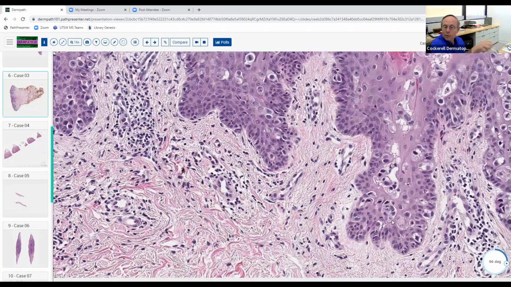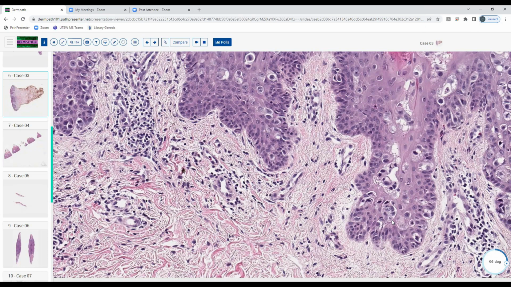And if you wanted to distinguish among those various entities that you mentioned, how would you stain it specifically for this? Obviously, you could put a whole battery of stains on there, but if you want to try to save the healthcare system a couple of bucks, what would be the, say, number 1 or 2 stain that you would put on here that you would say proves the diagnosis? Sure.